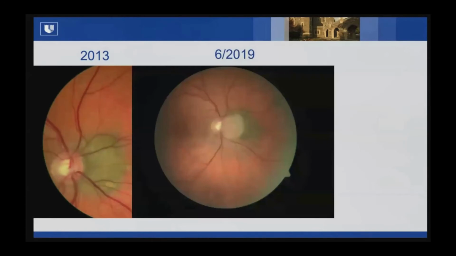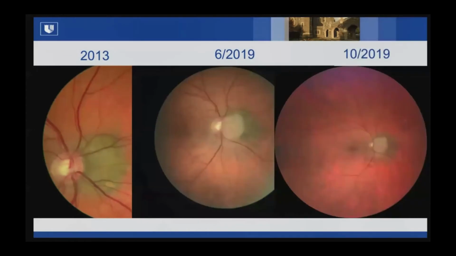A few years later, there was a nodule growing from the same lesion. This is not a wide-angle image, but this is the one with the wide-angle image where we can see almost the entire fundus and the lesion showing more growth comparing the image from June to October.